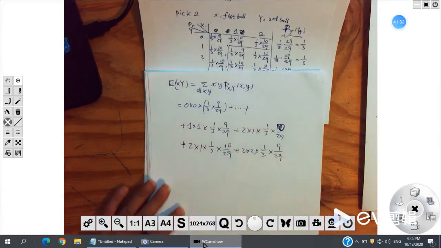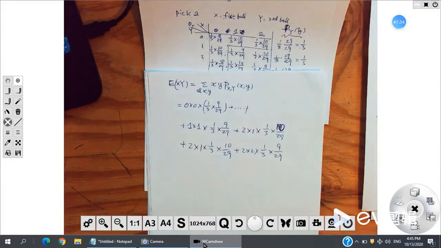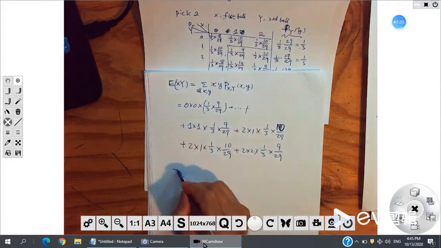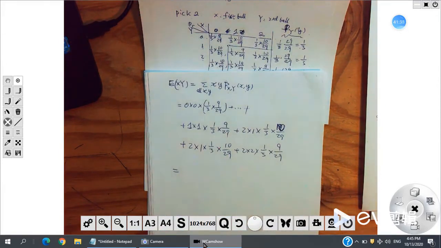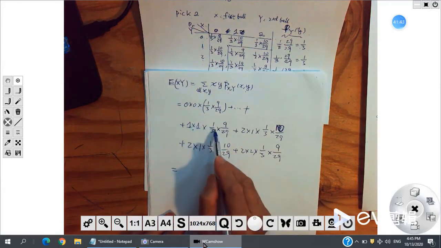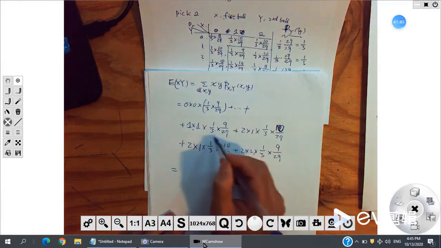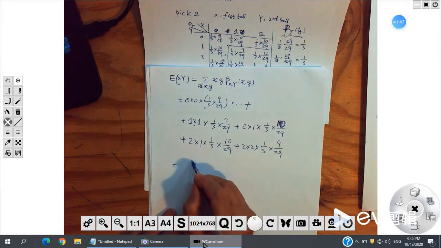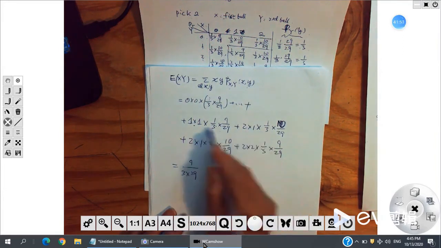Okay, so we have E[XY] here, somewhat long. But yeah, just spend time. I get 1, 1, and I can cancel these 3. Okay, I just keep it. It's 9 over 3 times 29, the first non-zero term.